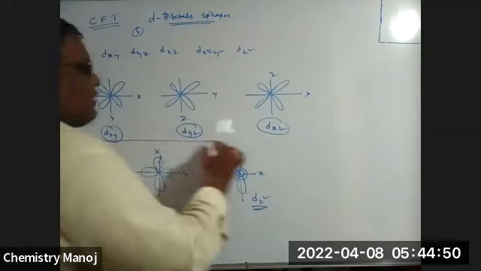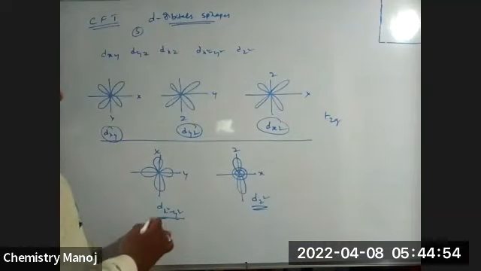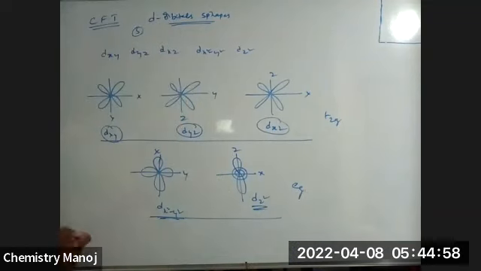These three orbitals we call t2g orbitals, triply degenerate. These two orbitals are eg orbitals, doubly degenerate. So t2g orbitals and eg orbitals.